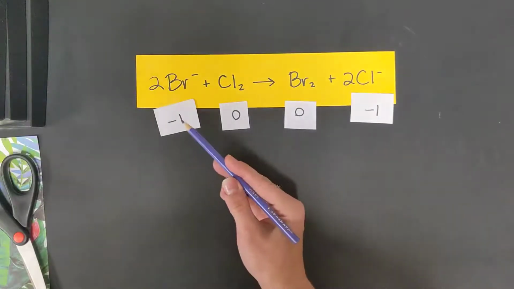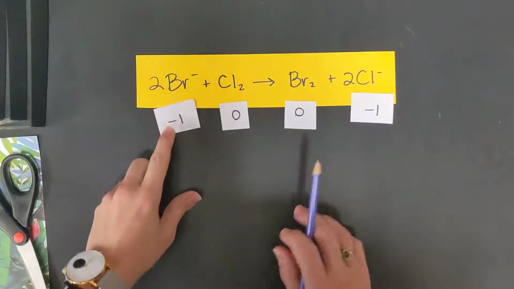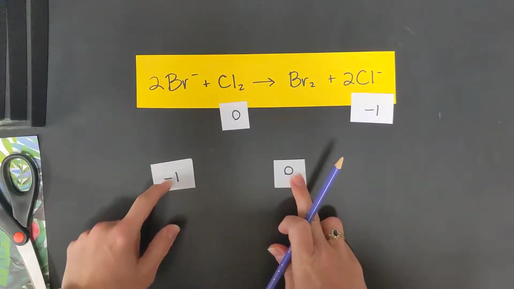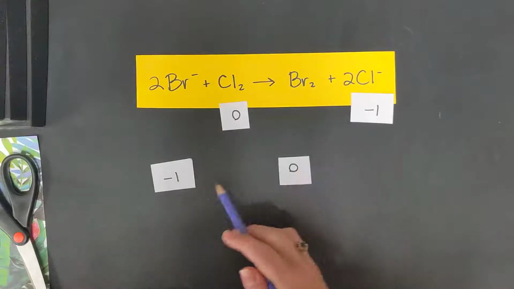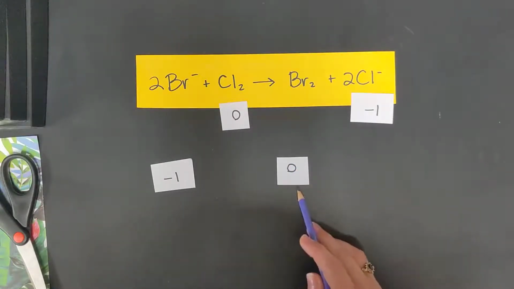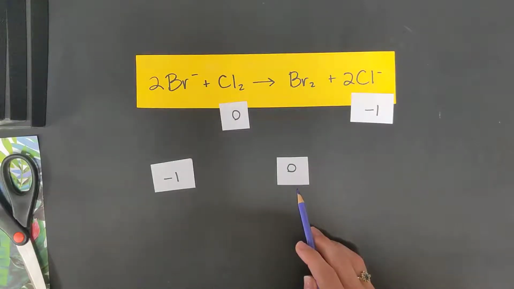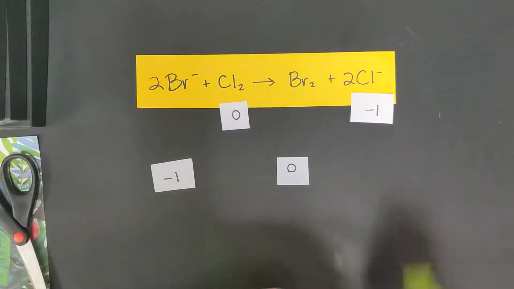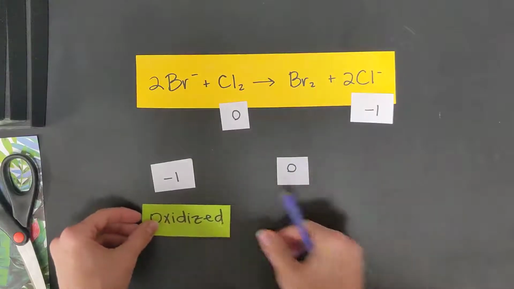We're going to look at Br first. Br went from -1 to 0. If it went from a negative number to 0, that means it had to lose an electron in order to do that. If it lost an electron, that means it was oxidized.